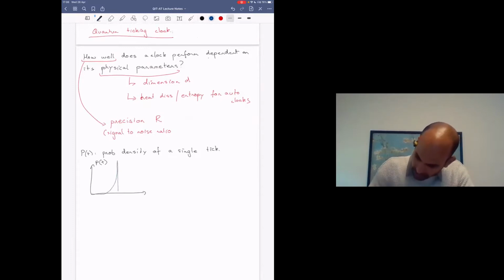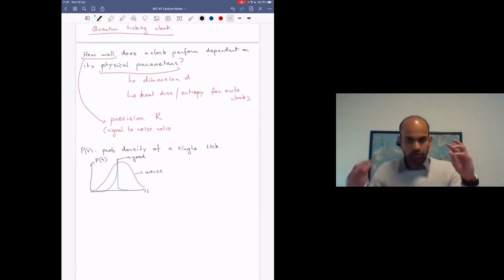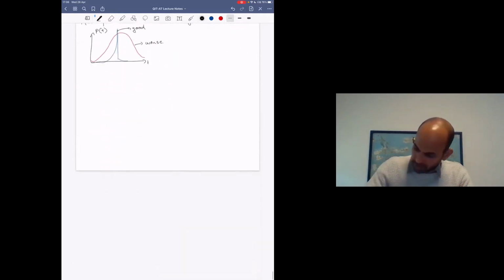So clearly, if this is P of t, and I have this clock versus that clock, then clearly this one is a good one and this one is worse. And I want to find a way to characterize this difference between the two.